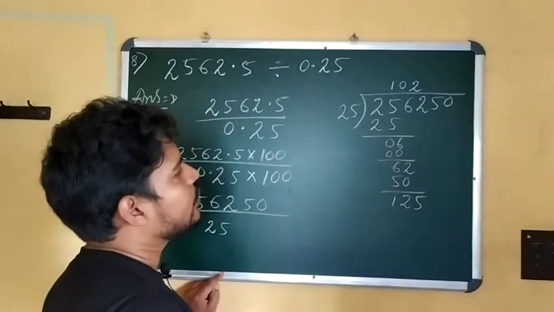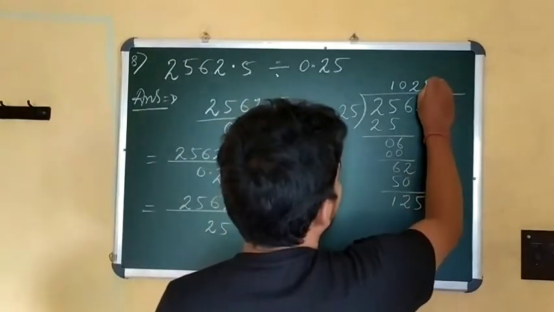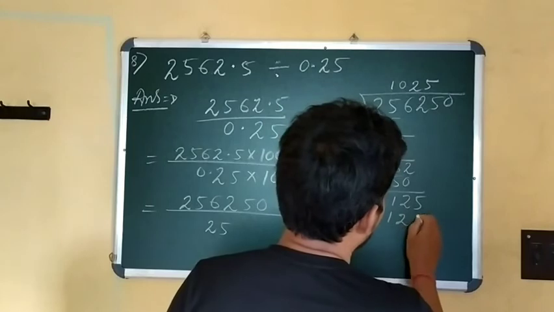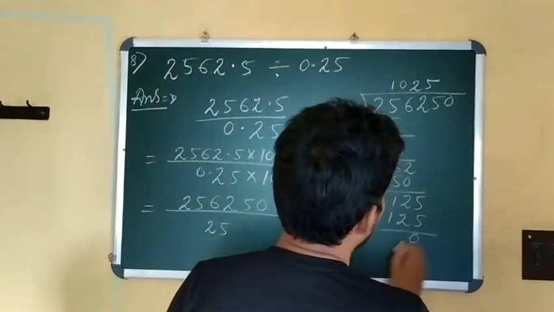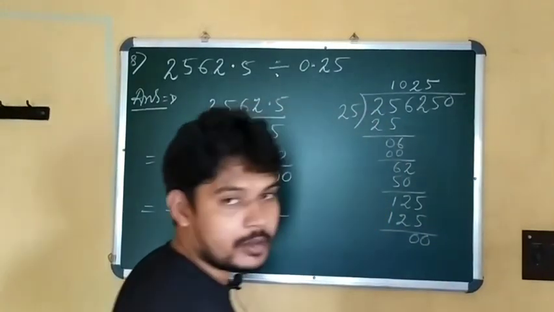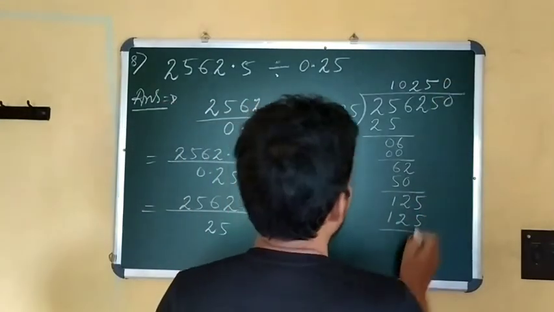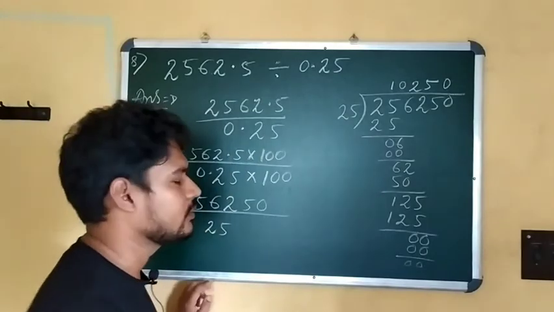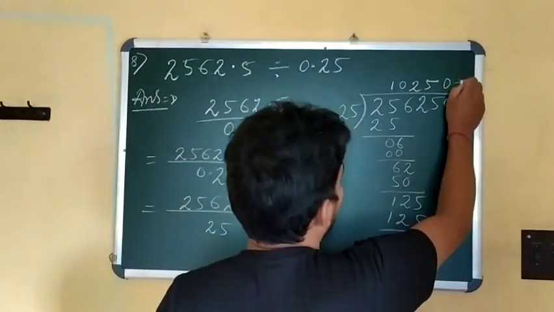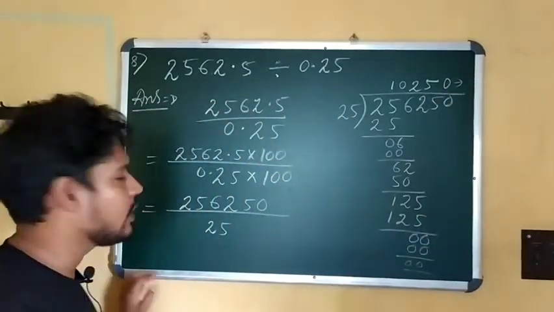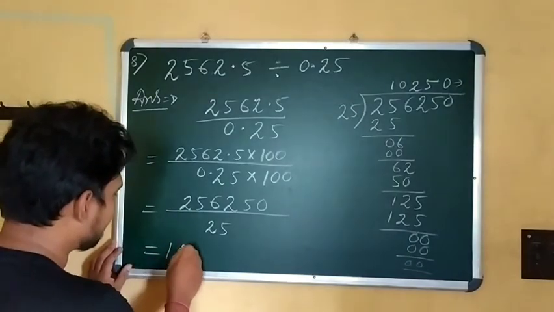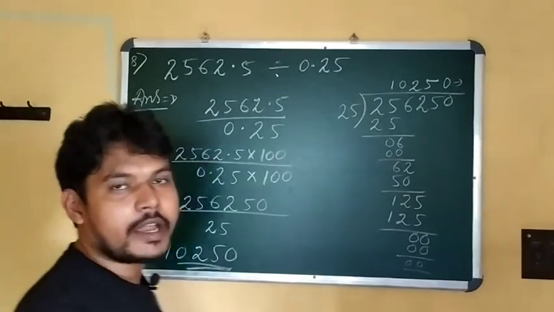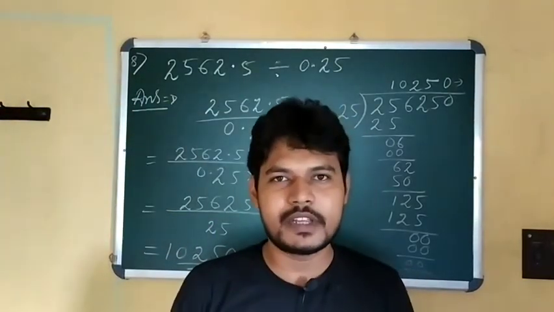So 5 into 25, that is 125. 0, 0 also here, 0 comes down, so you have to multiply 0 with this. So our remainder is 0, 0, and our answer is 10,250. 10,250.